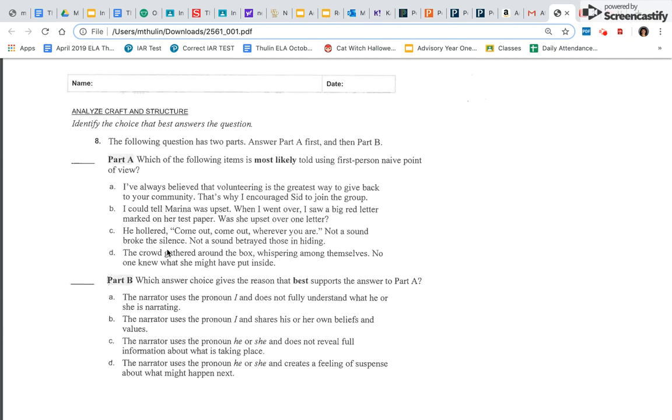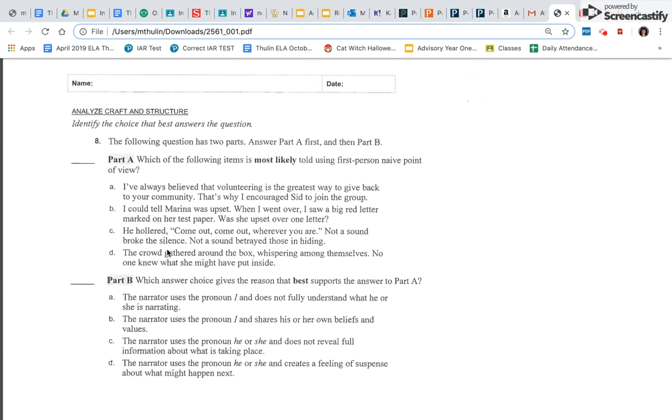Part B, which answer choice gives the reason that best supports the answer to Part A? A, the narrator uses the pronoun I and does not fully understand what he or she is narrating. B, the narrator uses the pronoun I and shares his or her own beliefs and values.